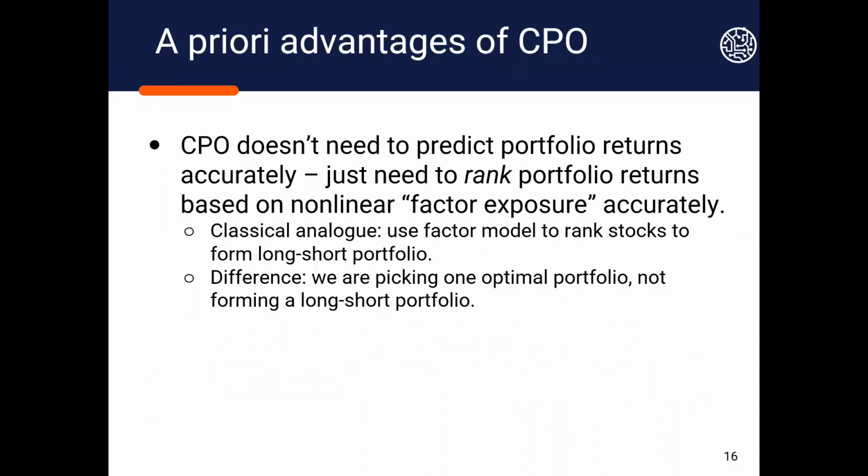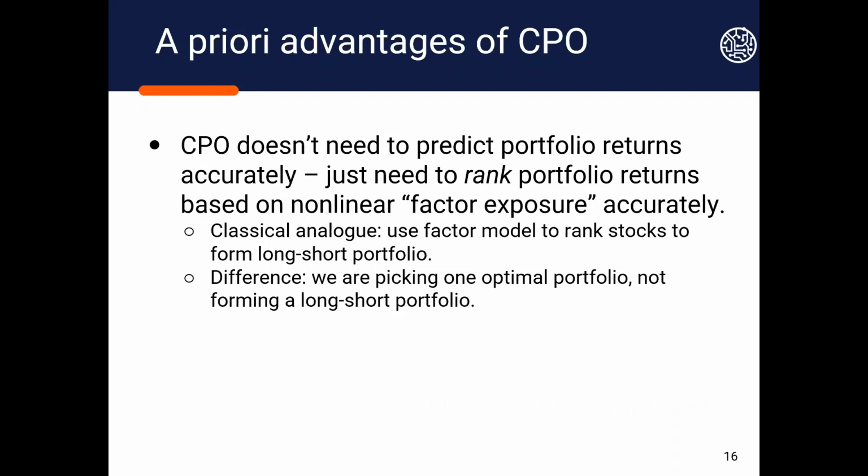Well, not only because we are using many more factors than the three Fama-French factors, and not only because we are taking into account nonlinear interactions between the factors and not just the linear combination of these factors, but also crucially, we don't need to predict portfolio returns accurately for this optimization problem. That is one of the key advantages.